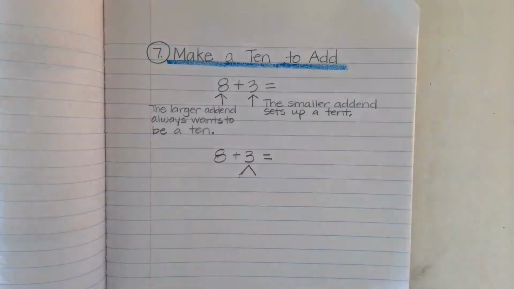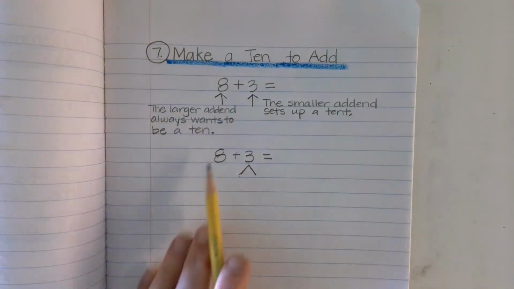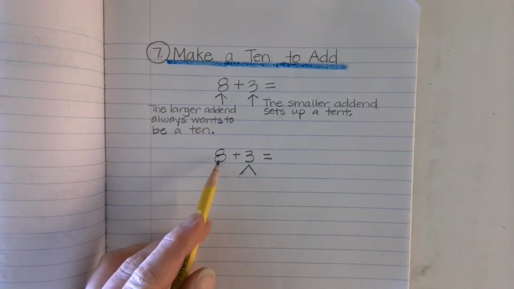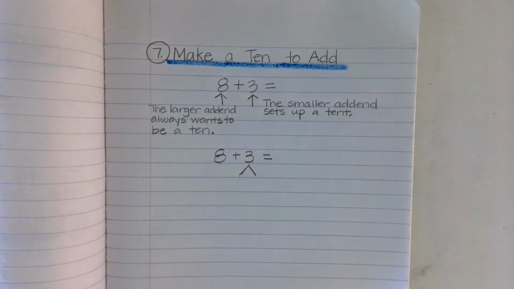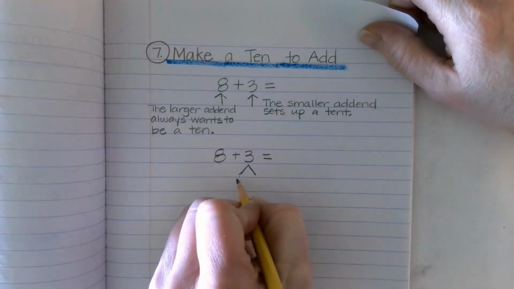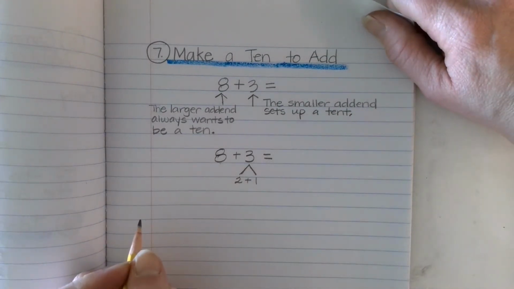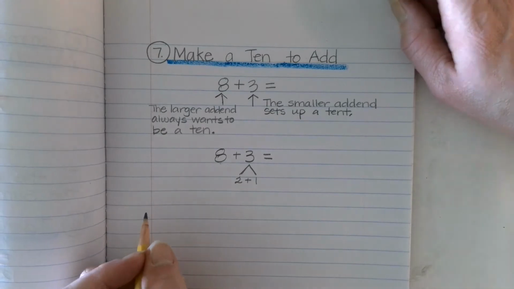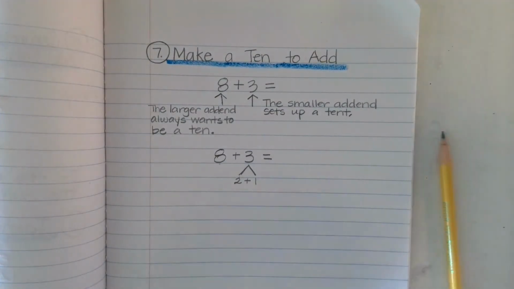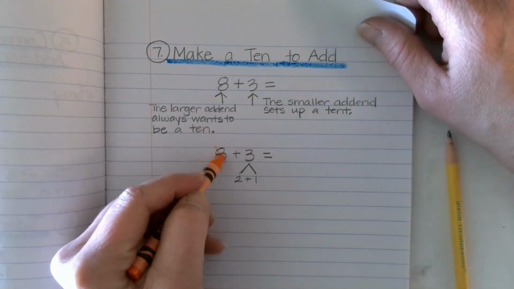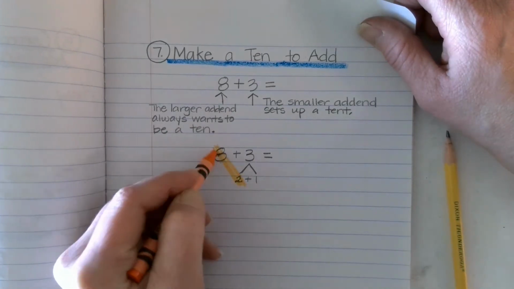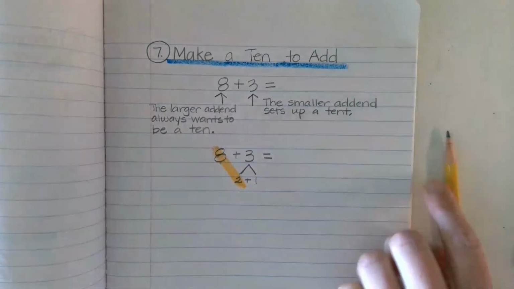So what can we break this 3 apart into so that this 8 can become a 10? So you're going to break this apart into 2 plus 1. And you're going to make sure to highlight, like we did in our assignment, what makes the 10.